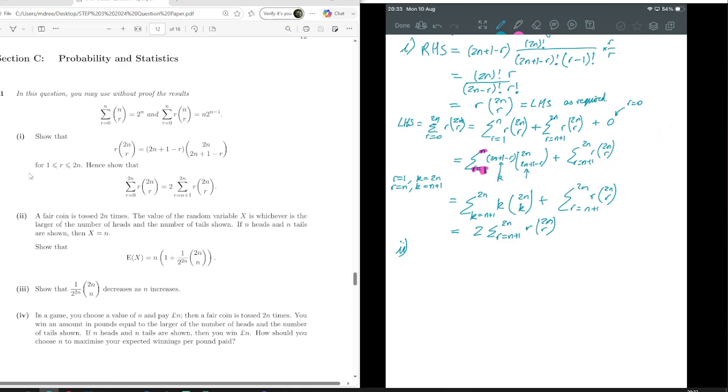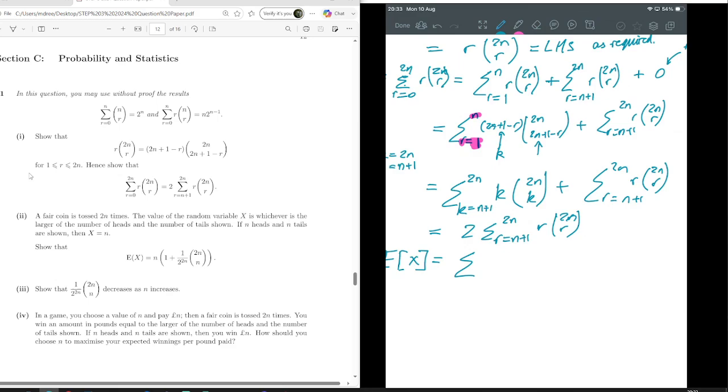So the key fact that we're going to have to use here is that the expectation is the sum over all the possibilities, x times the probability of getting that particular combination.